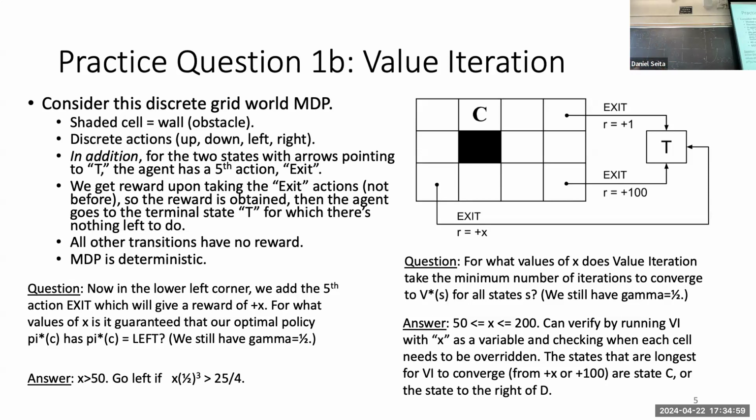So after 5 value iterations, if 25/4 is greater than x/8, we can keep going and propagating x/16 and so on, but it's not going to matter, because this is already set.